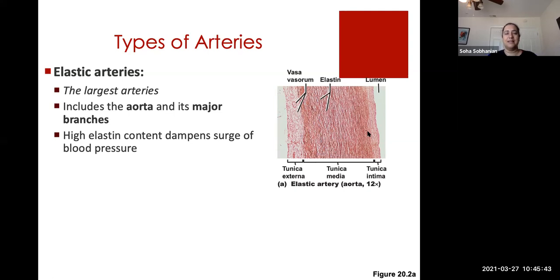This is a common misconception, guys. So when I say something is elastic, it doesn't mean how much I can stretch it to make it larger. It's when I release this stretching, how fast it recoils back to its original size.